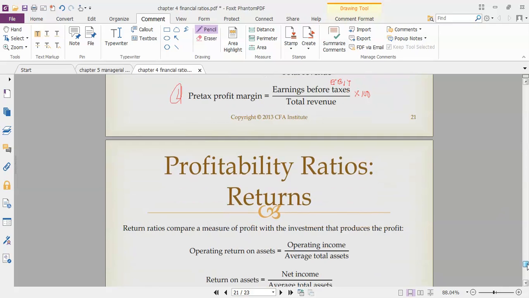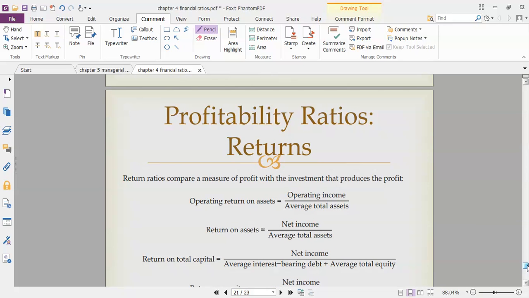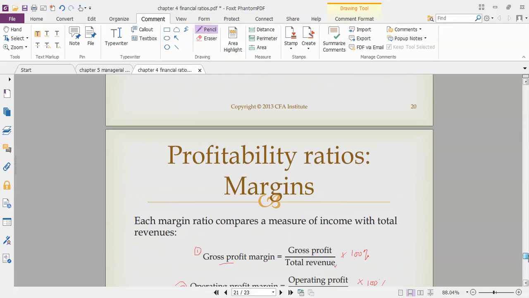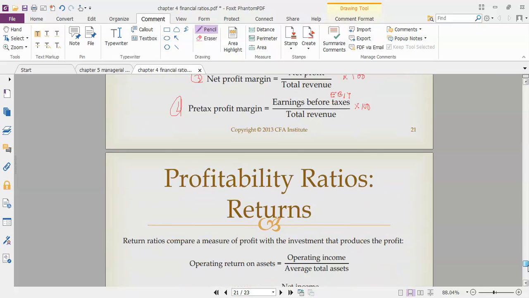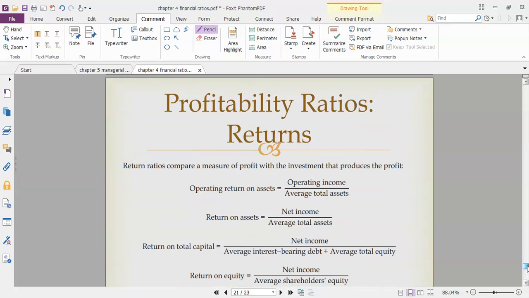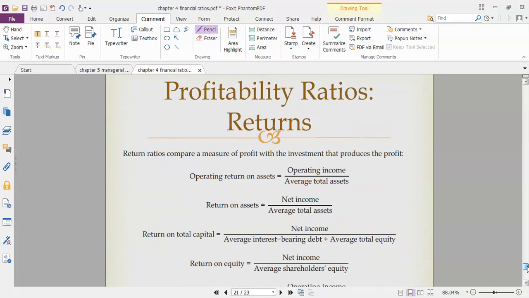What about the profitability ratios for return? Earlier was margin, so next we calculate the profitability ratio in terms of returns. Return ratios compare a measure of profit with the investment that produced the profit.